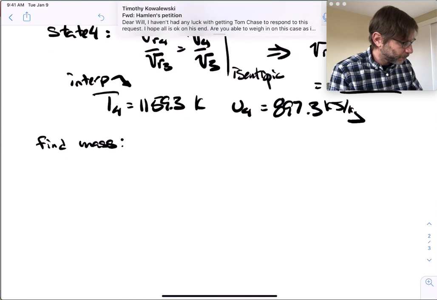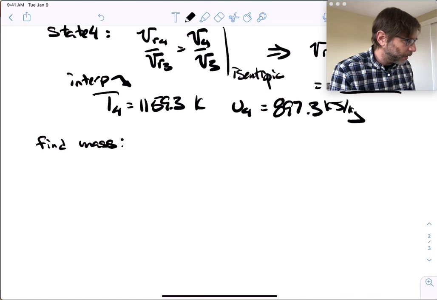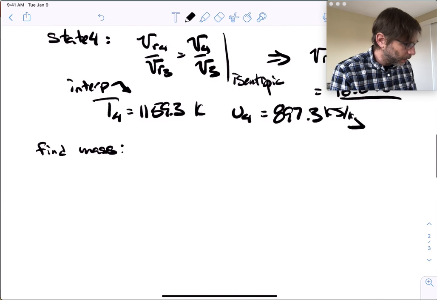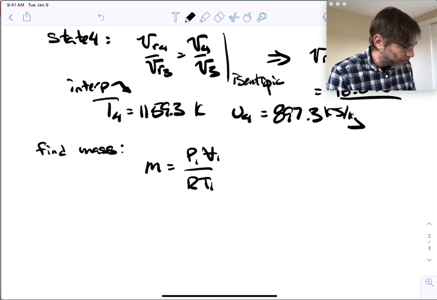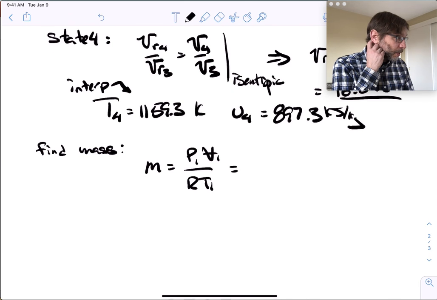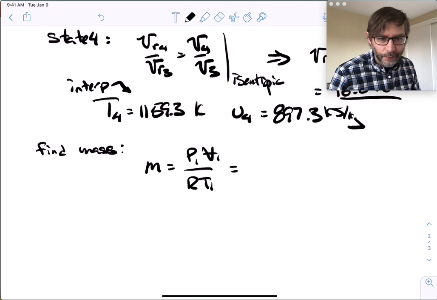Okay, m equals P1 V1 over R T1, and that's R for air.